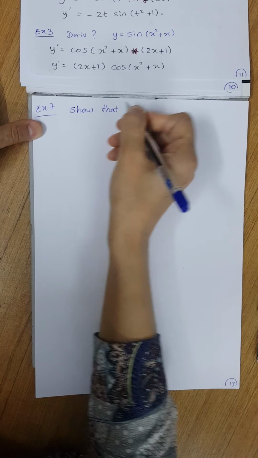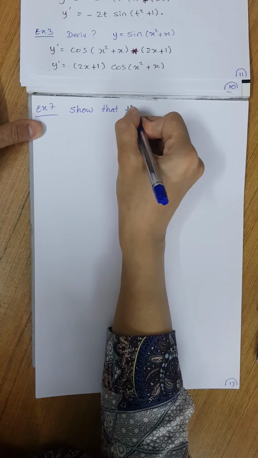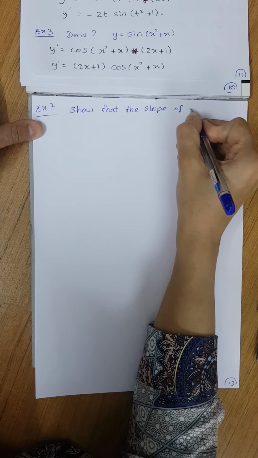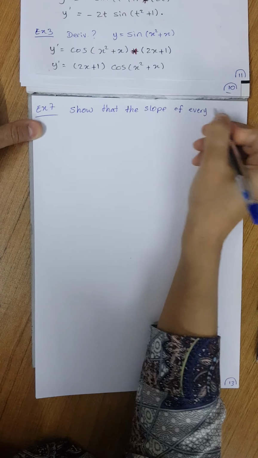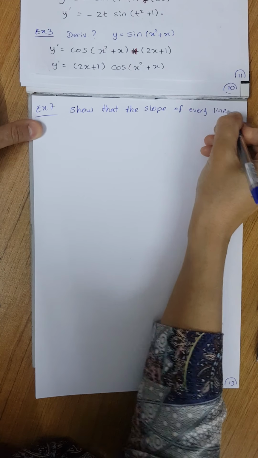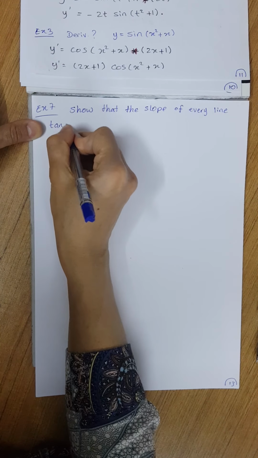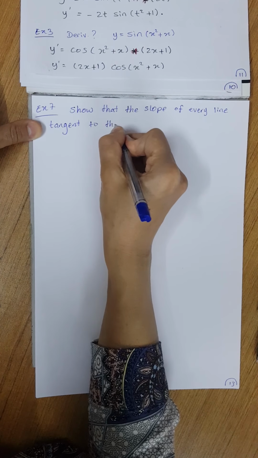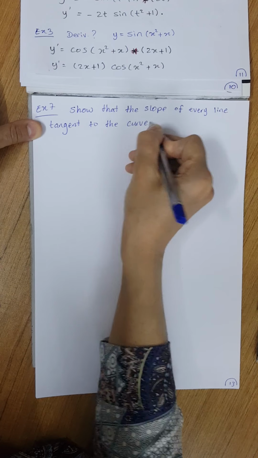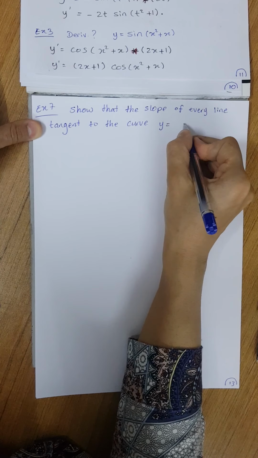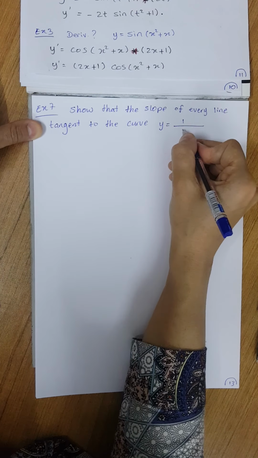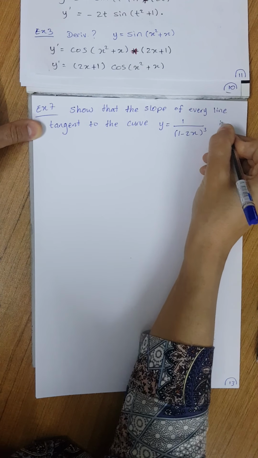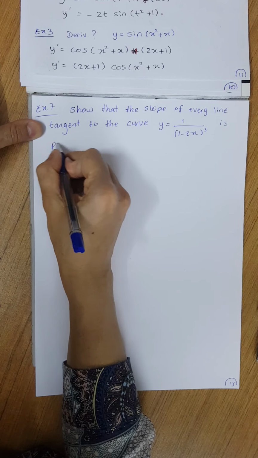Show that the slope of every line tangent to the curve y, that's equal to 1 over 1 minus 2x to the power of 3, is positive.